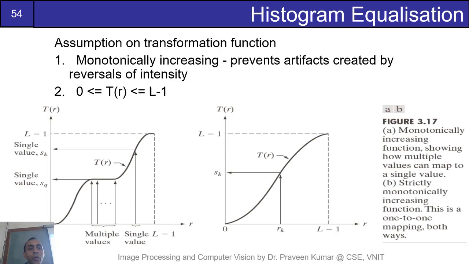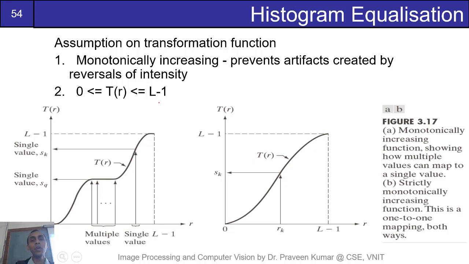To do the derivation, I am going to assume at least one thing on the transformation function, that it will be a monotonically increasing function. It can be strictly monotonically increasing, or it can be like this function where multiple values may get mapped to a single value, but there is never an inversion.